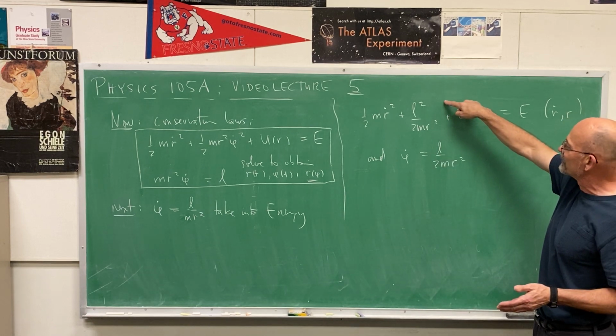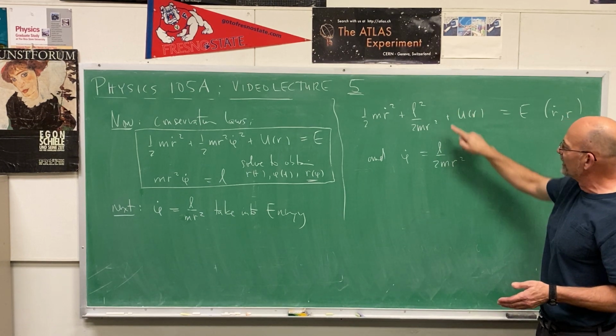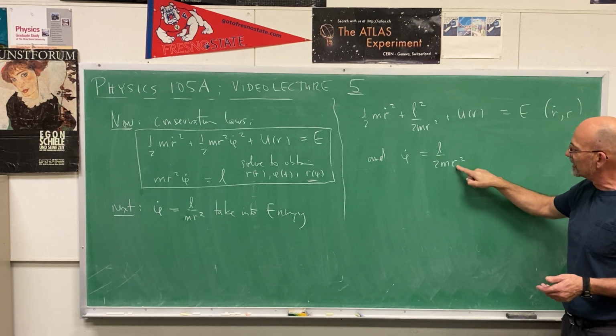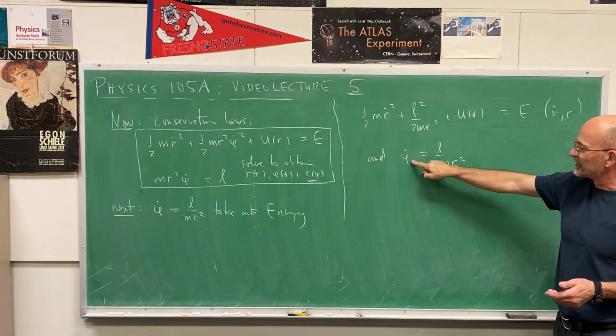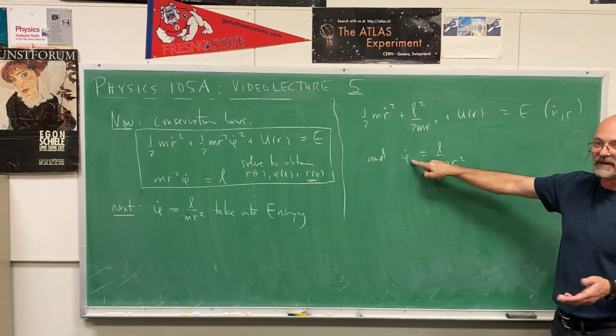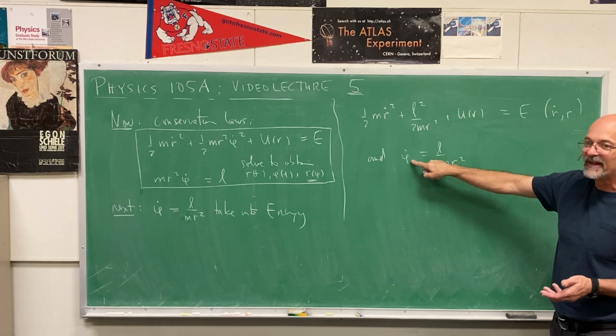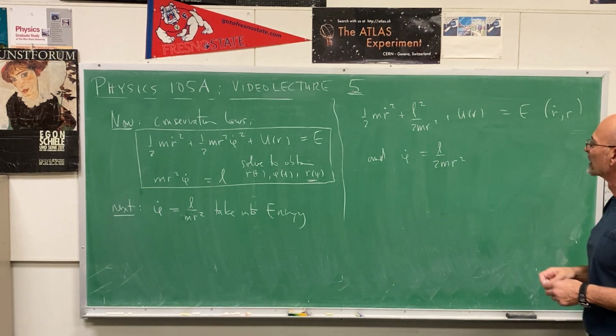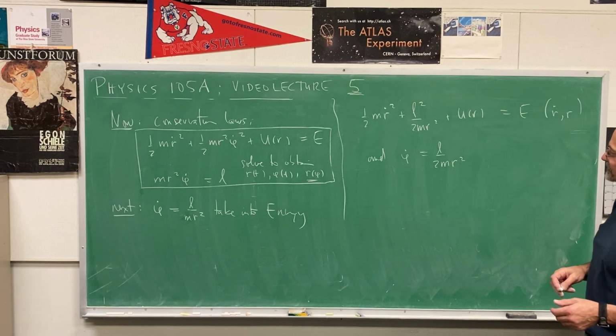We get r of t out of the first equation, and if r of t is known, then this is a simple integral, direct integration to get phi of t, and then we have our problem solved.